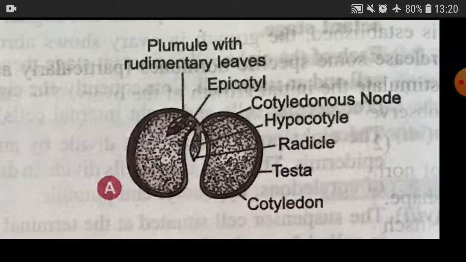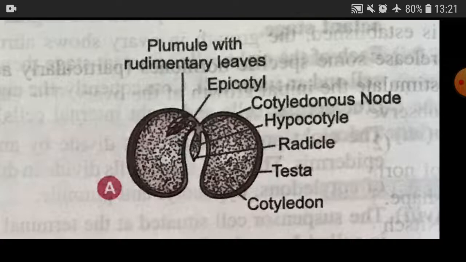The wall of ovary develops into the wall of fruit, and this is known as pericarp. So now I've told you two terms, perisperm and pericarp. I hope you can tell me the difference between these two if you heard me properly and with concentration.